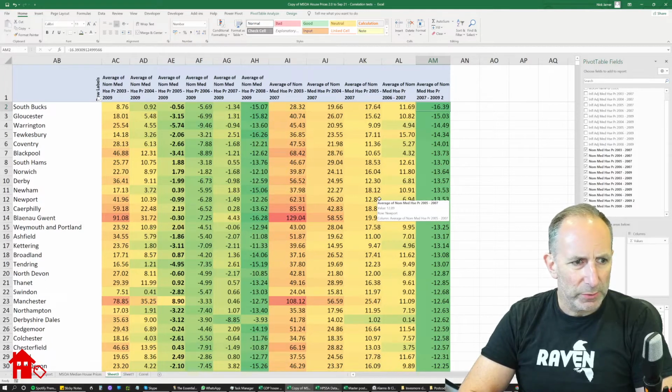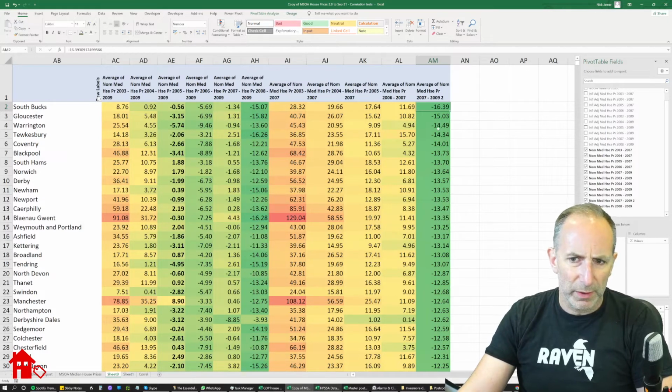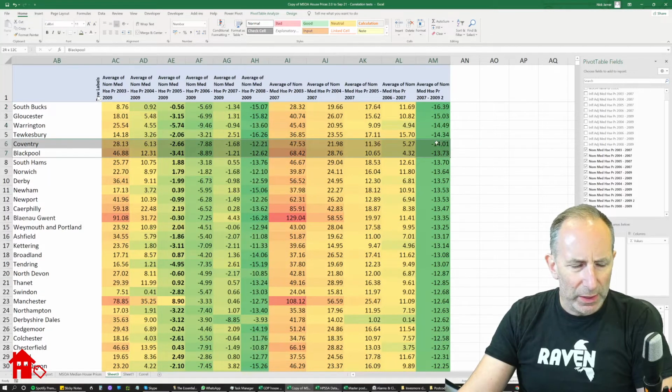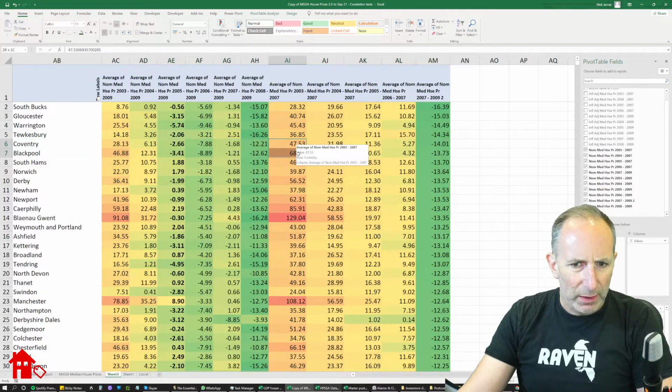So South Buckinghamshire, Warrington, by the way, interesting. But broadly, what I see are these fundamentally weak areas that grew massively high and then crashed hard. That's what I'm seeing, roughly.